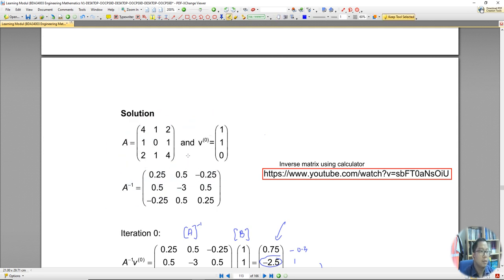Okay class, first you have to invert the matrix A. In this case we automatically get these numbers. How we get them: I will put the link in the subscription, so you can follow. This is the link on how to get the inverse matrix using a calculator, where the calculator model is Canon.